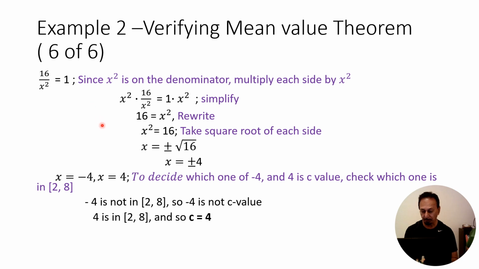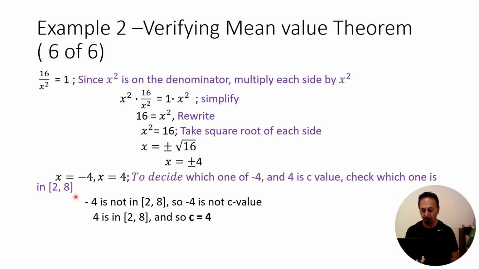Simplify: x squared cancels with x squared. So we have 16, and 1 times x squared is x squared. Now we rewrite this equation: x squared equals 16. Now we take the square root. Now this will be x equal to plus or minus the square root of 16, or x equal to plus or minus 4.